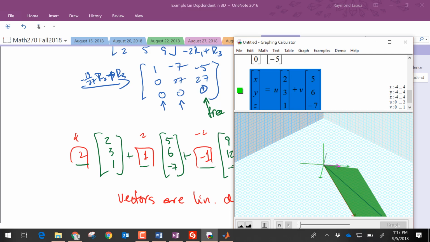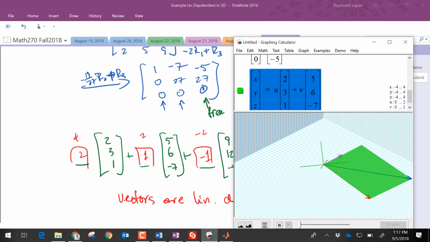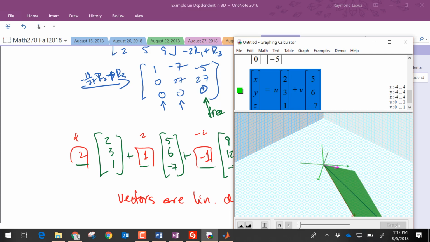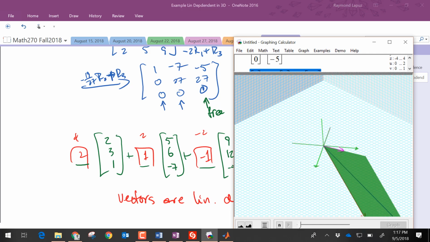This is in 3 dimensions. If we go to higher dimensions, then the words and phrases that we're using would be a little bit different. But yeah, if all three vectors are linearly dependent in R3, then they all would be sitting in the same plane.